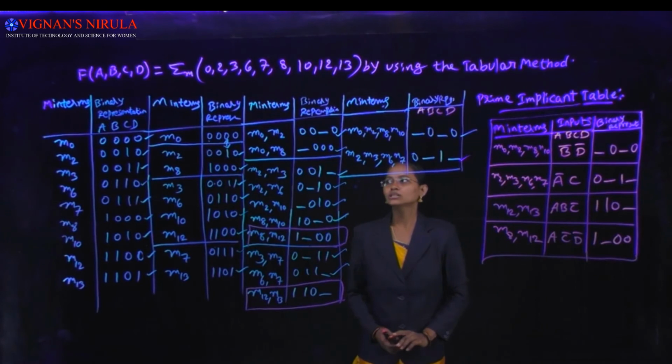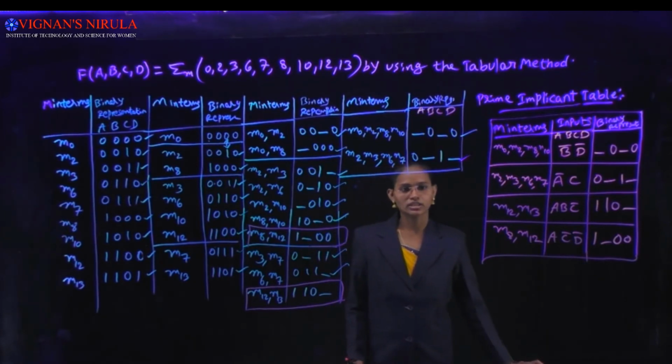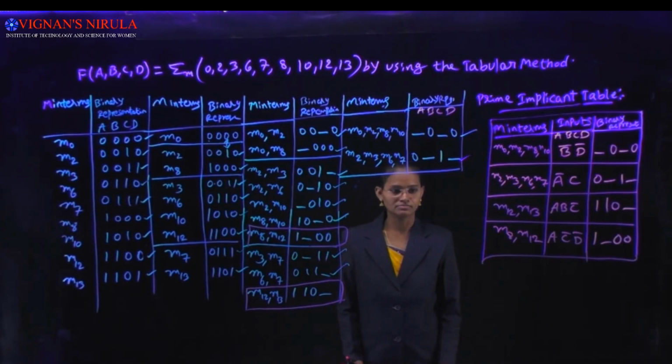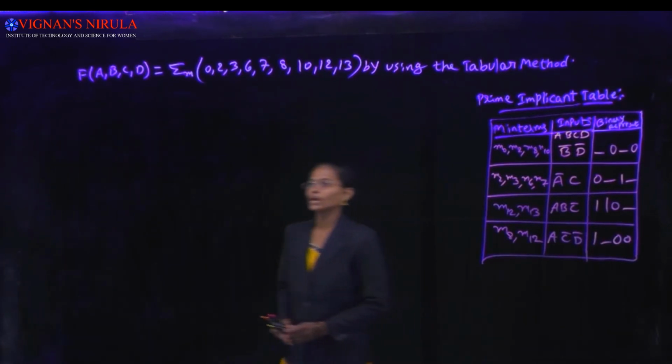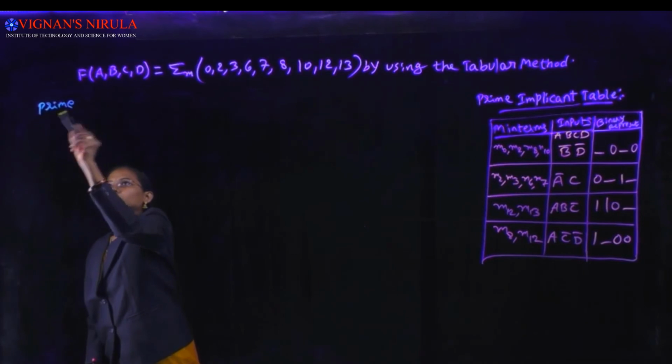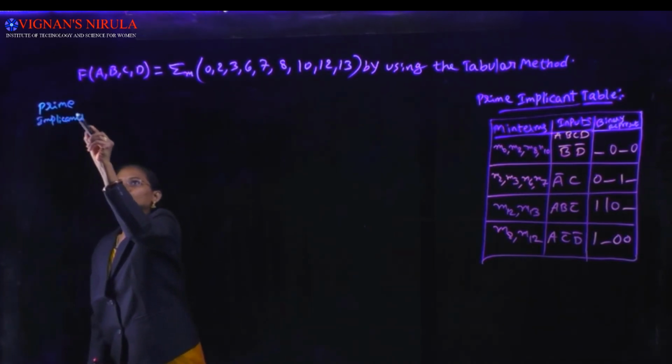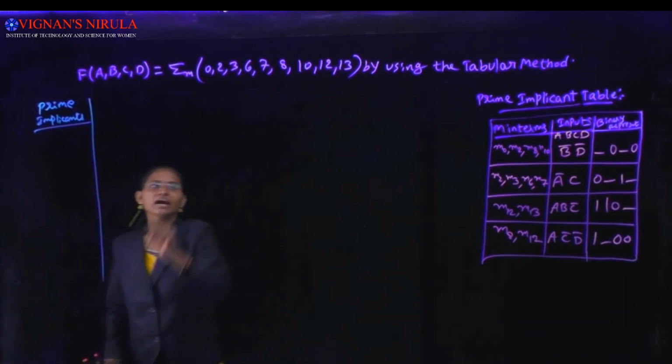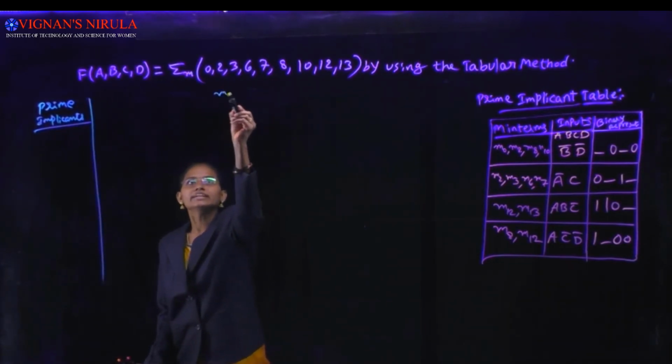And note down the chart, tabular method. And next write down the prime implicants, and note down all the min terms.